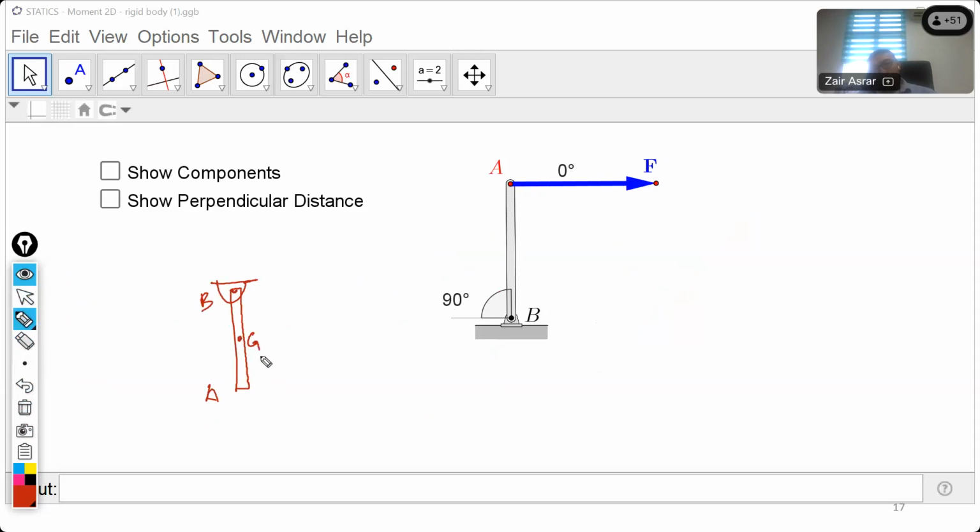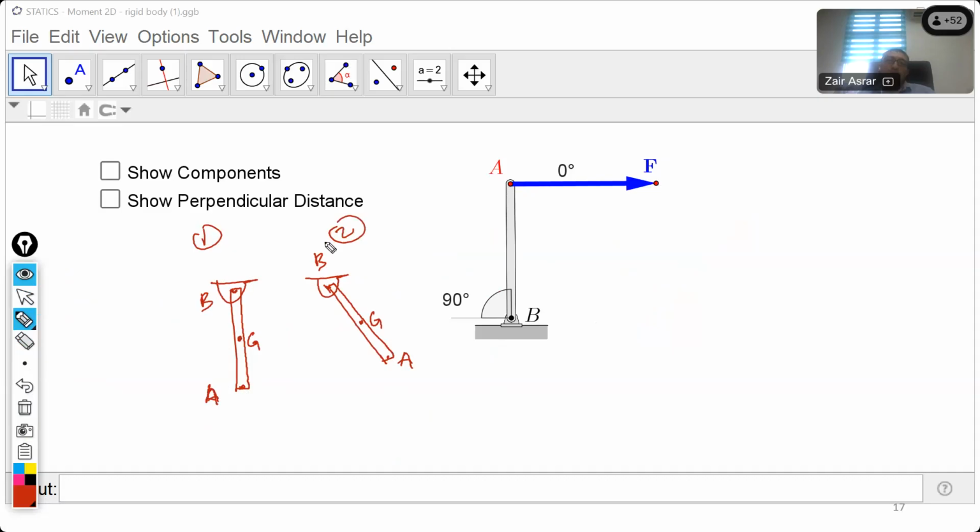So this is the CG, the weight of the bar. So this is one configuration. The other configuration will be something like this. Point A. Center of gravity is still at the middle of the bar. So we have configuration 1, configuration 2.